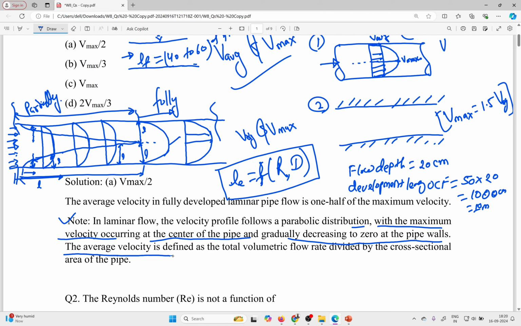The average velocity is defined as the total volumetric flow rate, that is your discharge, divided by the cross-sectional area of the pipe. So this is the average.